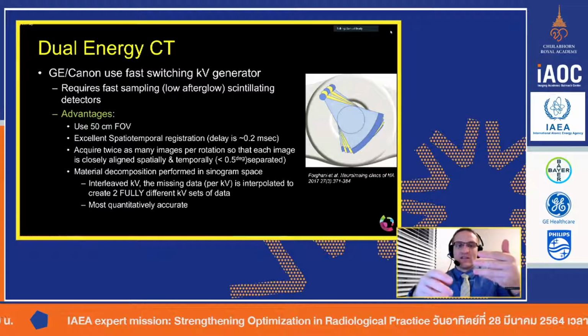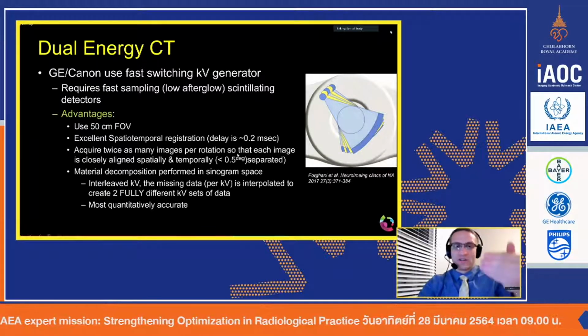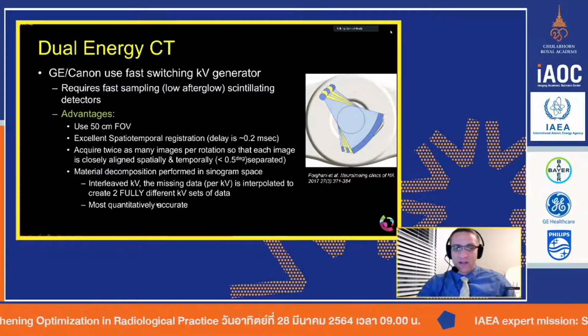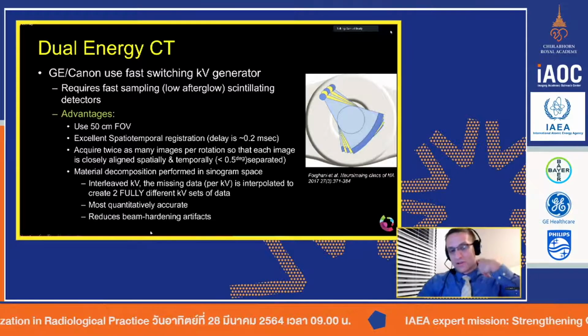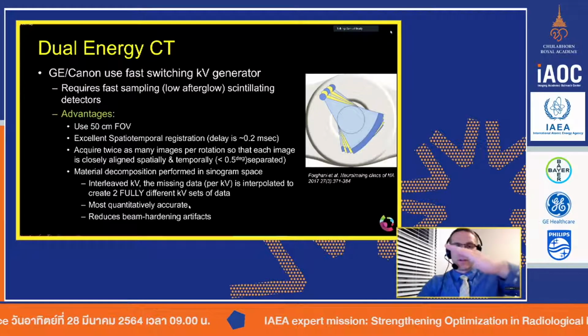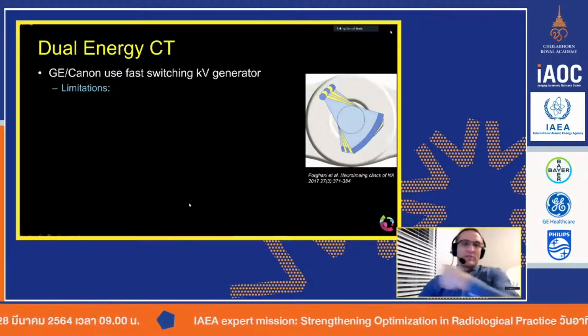There's a lot of interpolation at the low and high energy, but it makes it very quantitatively accurate. And it's able to reduce all of those beam hardening artifacts because of how finely it's sampling over the body as it spins around the patient.